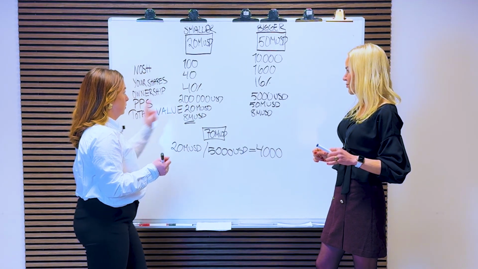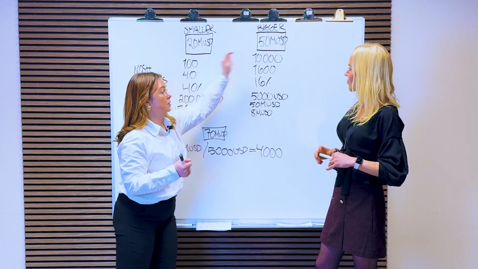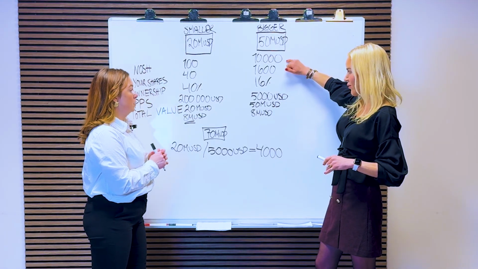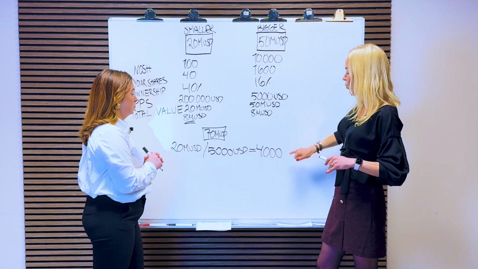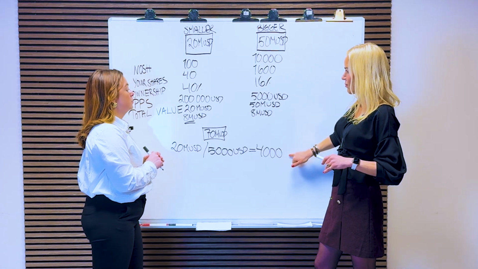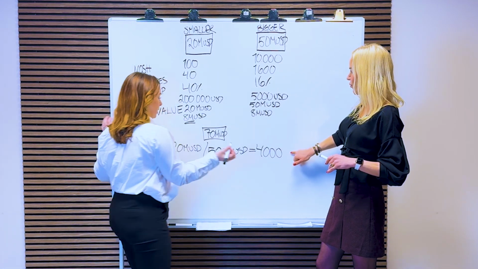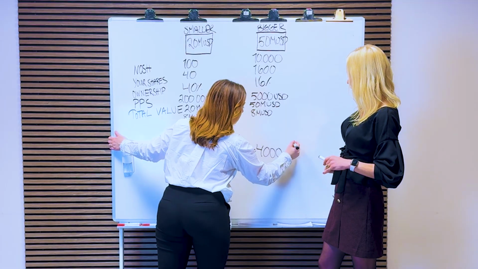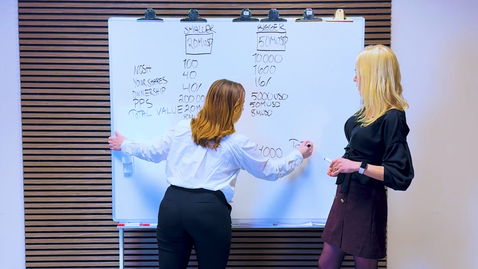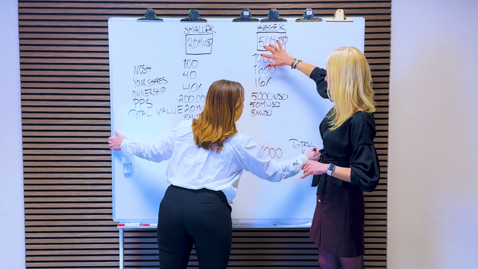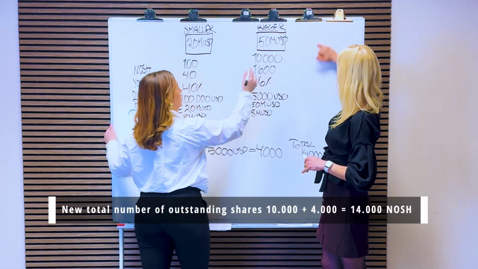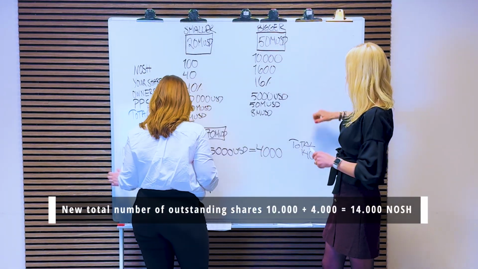And that means we keep these 10,000. Now the new total number of outstanding shares in the bigger LLC will be 14,000. So I rewrite it here. The total is 14,000.